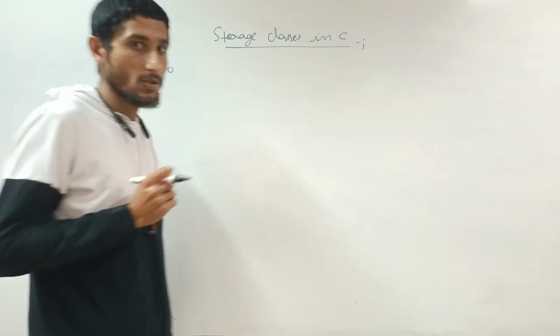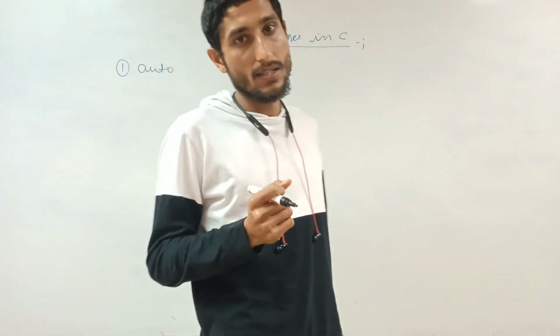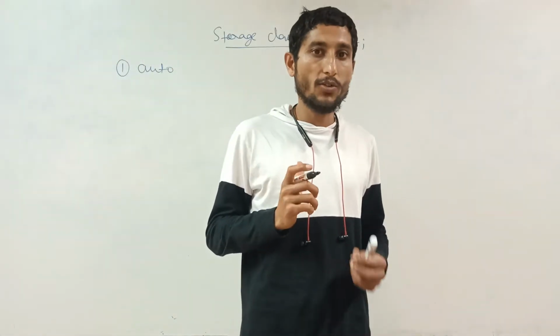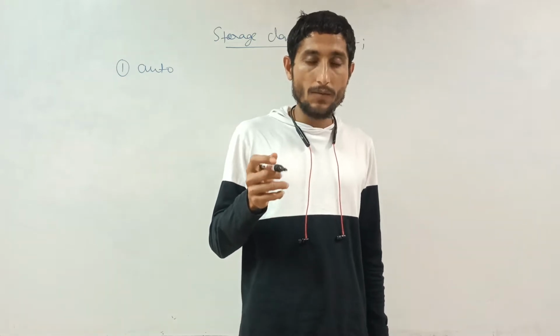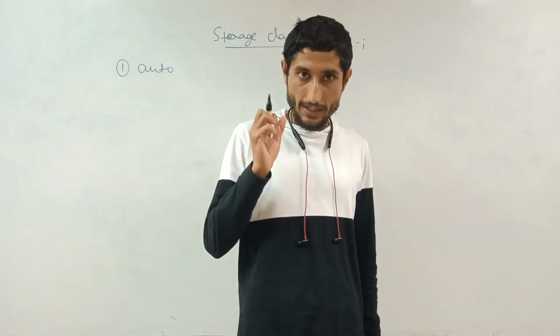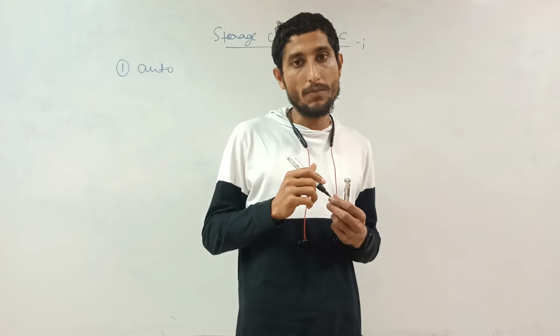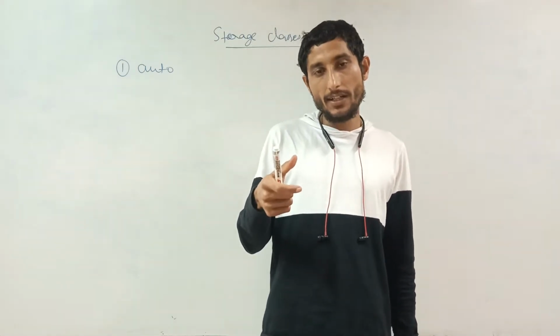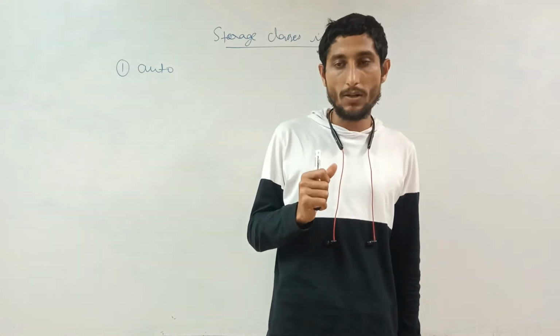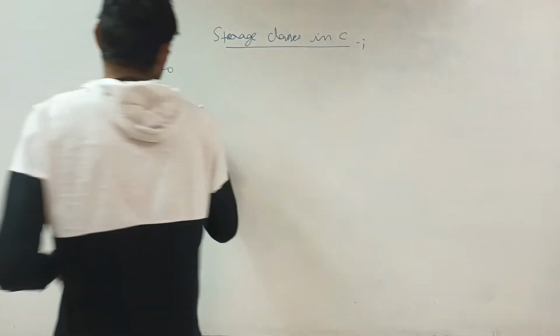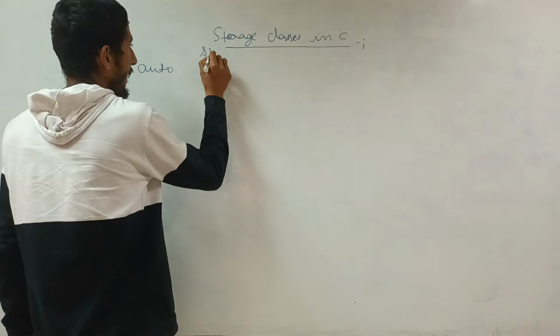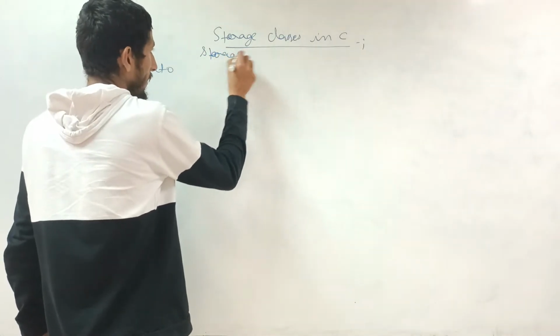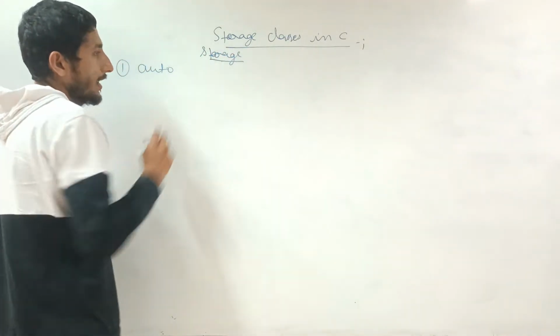So what is the purpose of discussing the storage classes in C? Whenever you declare a variable, we have seen that a variable is an entity which can change its value. Whenever storage is needed inside the program, I will declare a variable. The first thing: a variable can have storage.